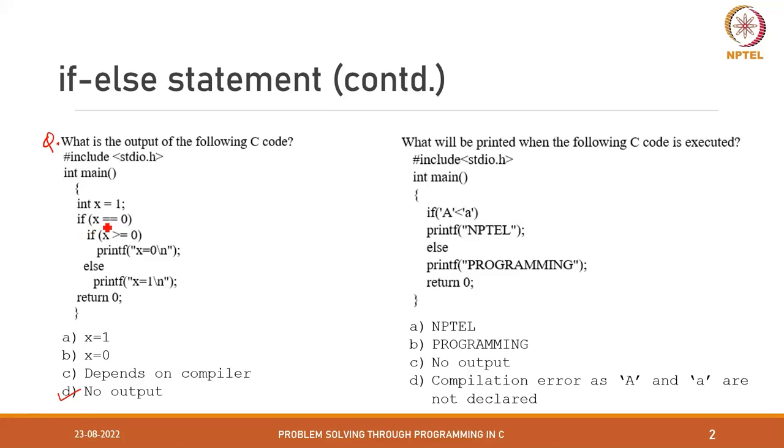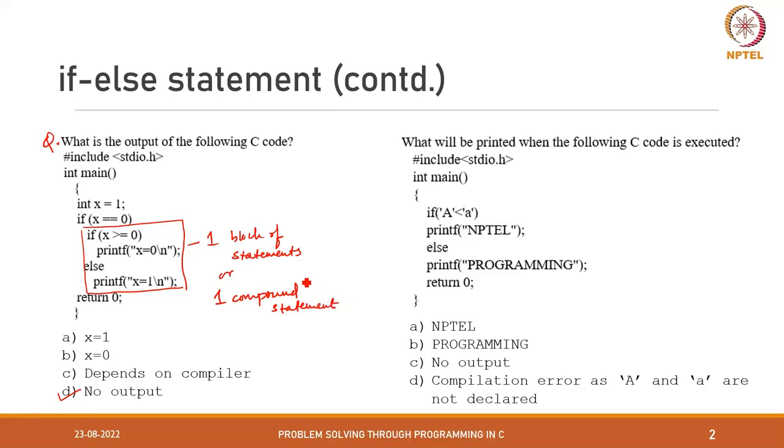You can see the next statement that follows the first if statement is the second if else block. So this entire block is one block of statements, or you can say it is one compound statement, because it is a single if else condition.